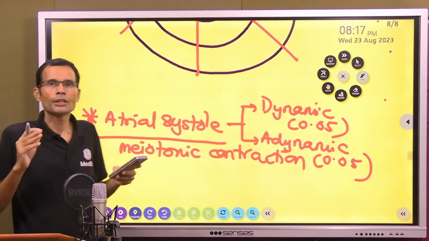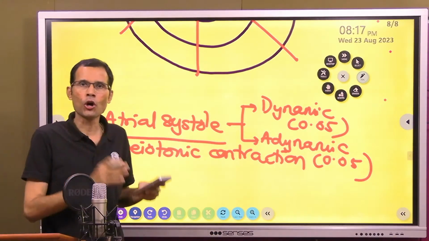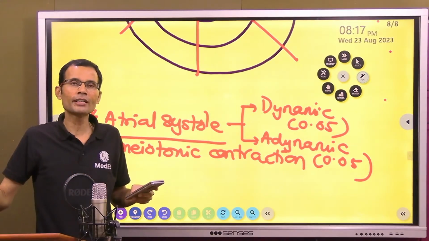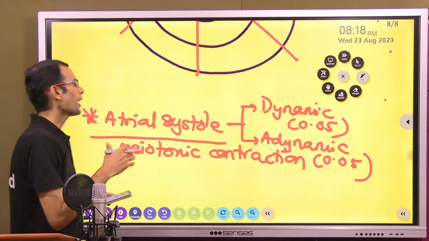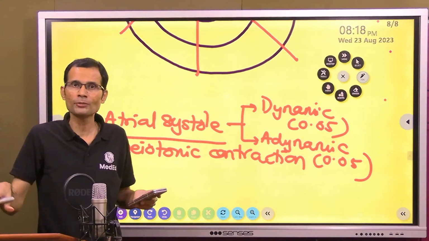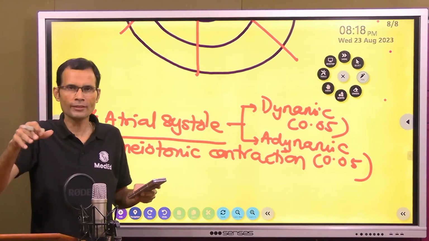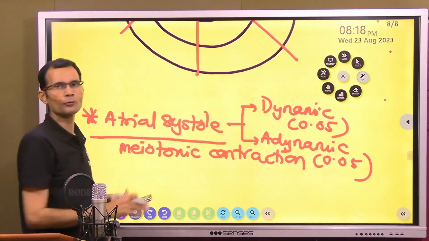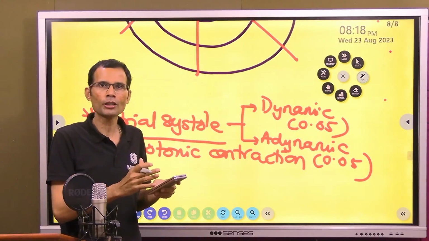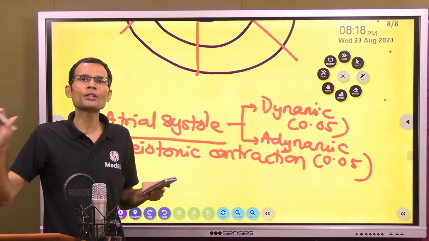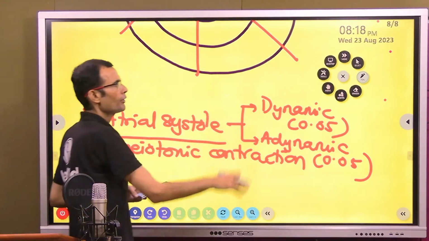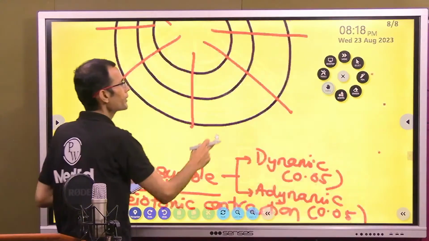So initially the contraction is strong, and then in the later part the strength of contraction is decreased. Such contractions are called myotonic contraction. You must have heard the word meiosis. Meiosis means reduction division. So myo means reducing strength of contraction. So remember, atrial systole: initially stronger contraction, and then it becomes weaker. Dynamic atrial systole, adynamic atrial systole, half and half. All right, so that was atrial systole.